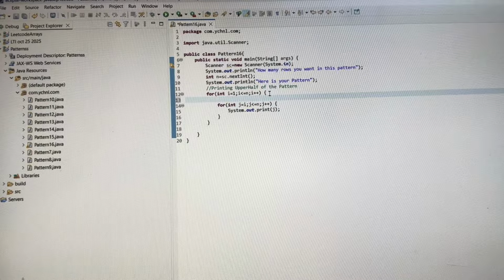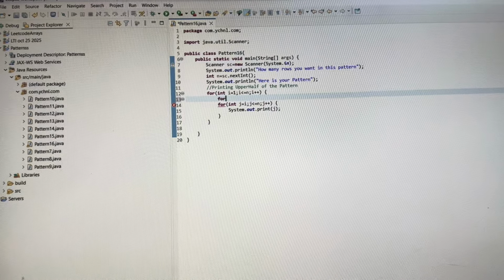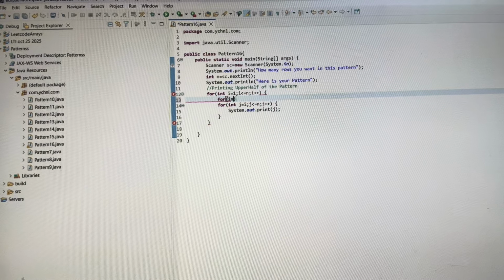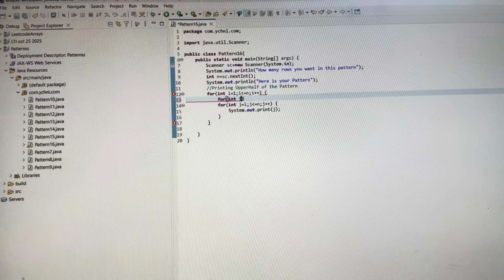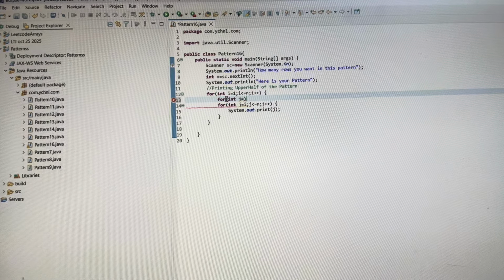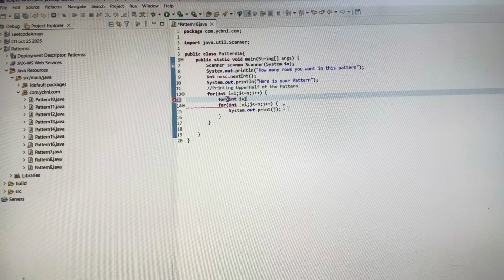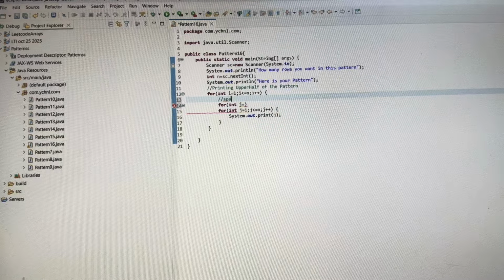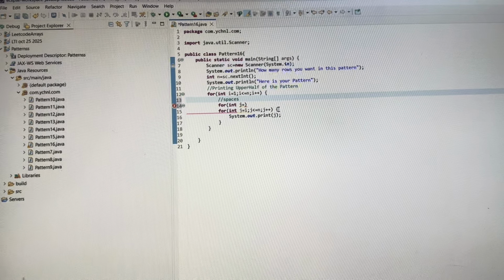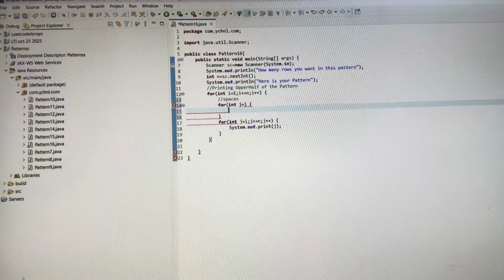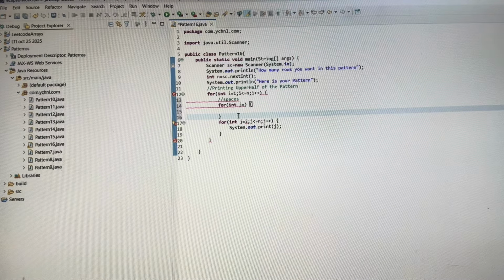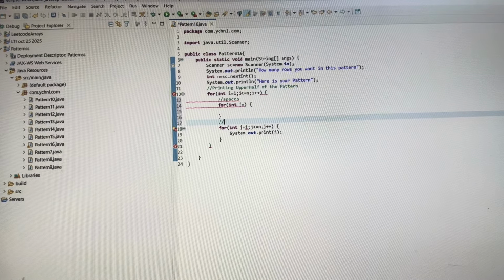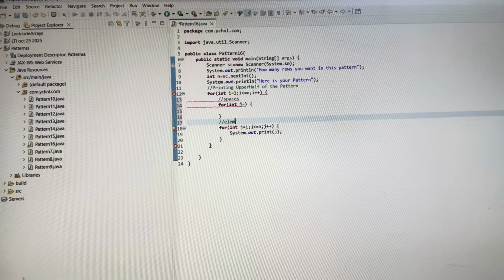We need another for loop to print the spaces, right? For int j equal to, see how the spaces are. I'm writing a comment: this for loop is for spaces, and observe this for loop is for elements in each row.